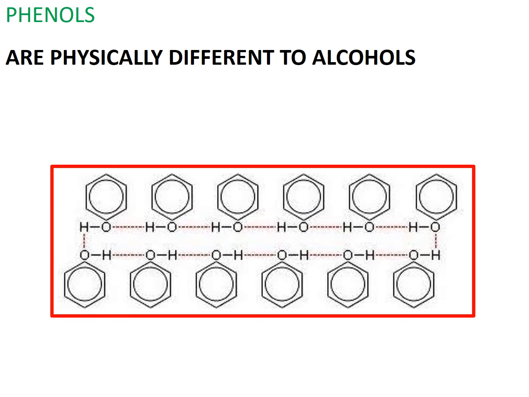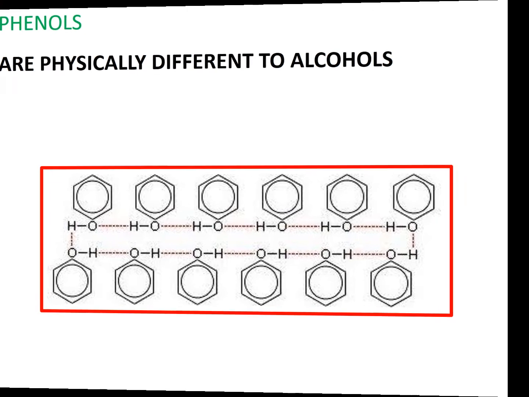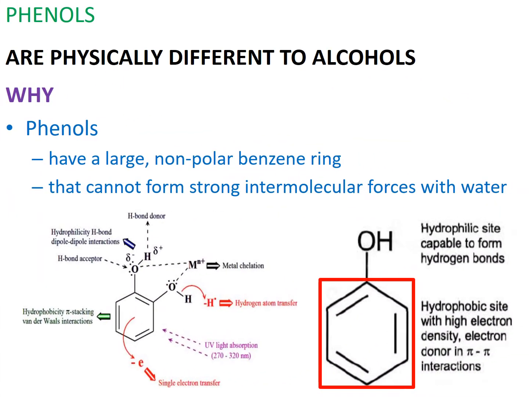The reason for this is that although the OH group in phenol can allow it to form hydrogen bonds with water molecules, the high number of carbons within the benzene ring and little to no branching within the benzene ring increases the number of contact points for London forces to occur, therefore requiring more energy to overcome these intermolecular forces.